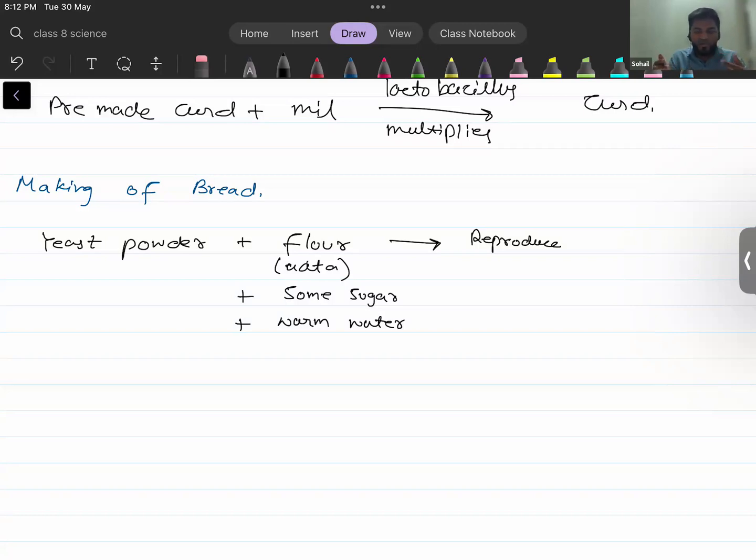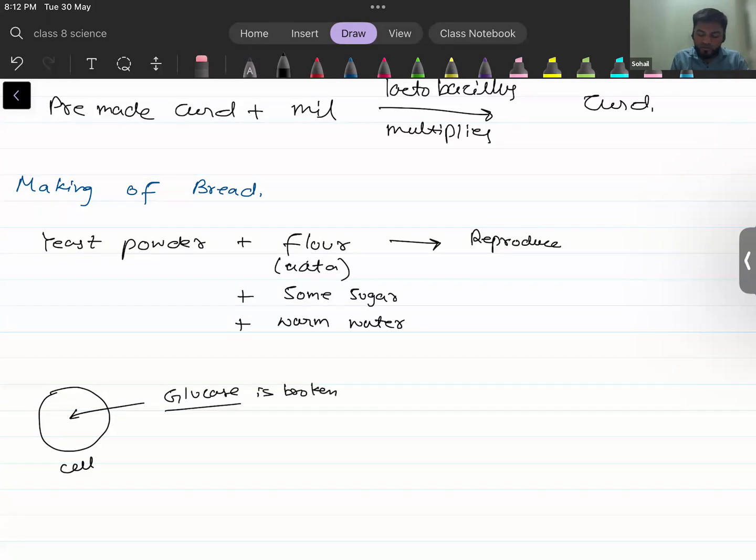In the cells of the human body, respiration happens. I'm just giving a brief of respiration. In the cells of the human body, glucose is broken down. This is a cell, this is glucose. This glucose is broken down and carbon dioxide is released.